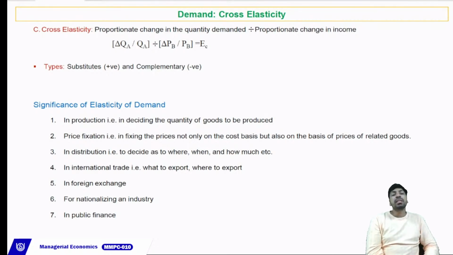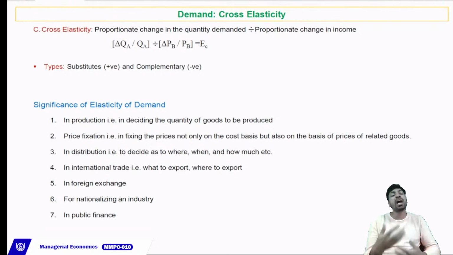When we talk about significance, it applies in production, price fixation, distribution, international trade. All these questions come up: deciding what quantity is to be produced, how prices are to be fixed, not only on a cost basis but also considering the prices of related goods. In distribution, when, where, and how much to distribute. In international trade, where and what to export.